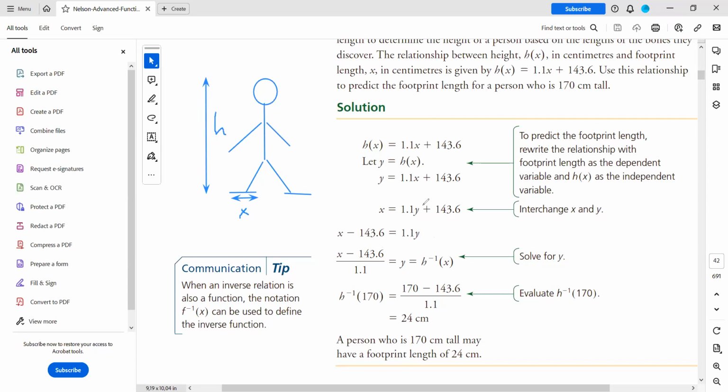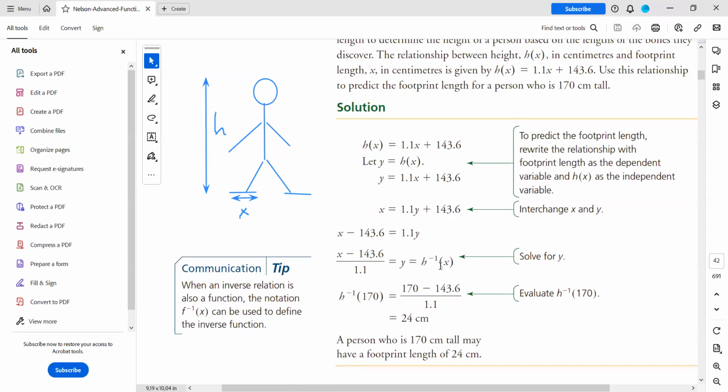To do so, we're going to subtract 143.6 from both sides, and we are going to divide both sides by 1.1. So x minus 143.6, divided by 1.1, equals y is now our inverse function.